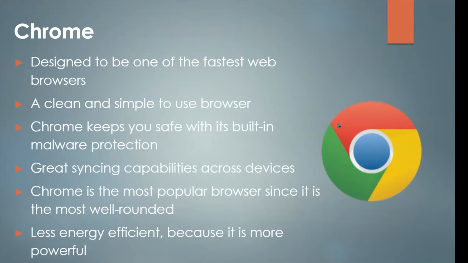Chrome will always keep you safe with its built-in malware protection, which is free, by the way. It has great syncing compatibilities across different devices. Chrome is the most popular browser since it is the most well-rounded, though it is less energy efficient because it is a more powerful platform.